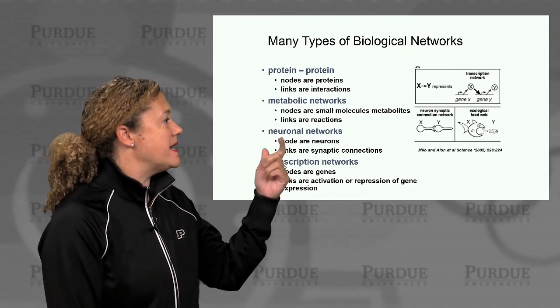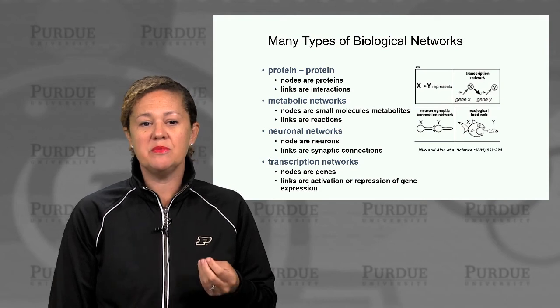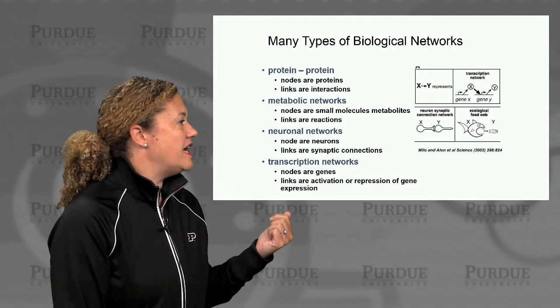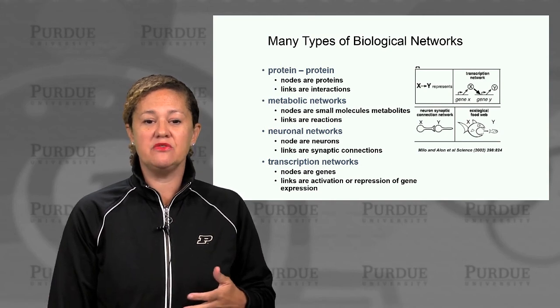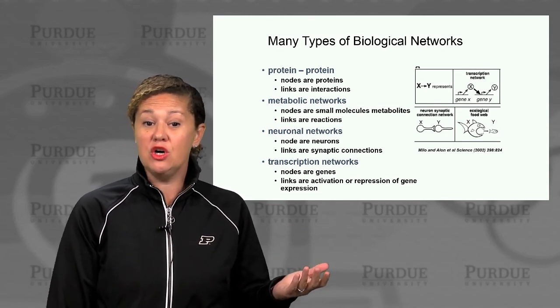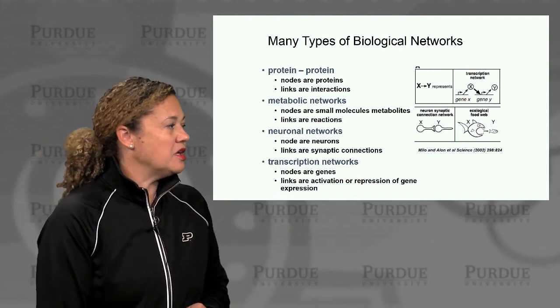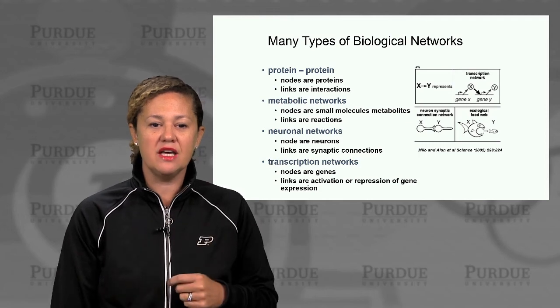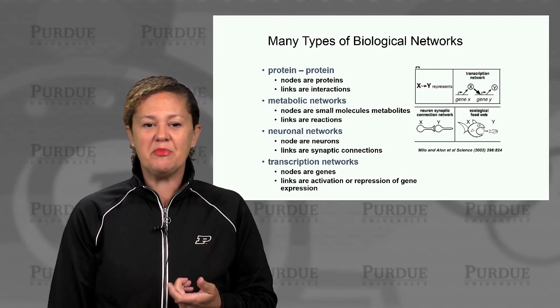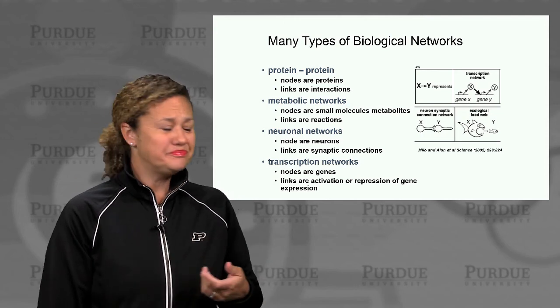We can look at metabolic networks where the nodes are small molecule metabolites and the links or edges are reactions such as enzymatic reactions that would convert one metabolite node into another. We can also look at neuronal networks where each node is a cell, so in this case a neuron, and the links or edges represent the synaptic connections between those neurons.